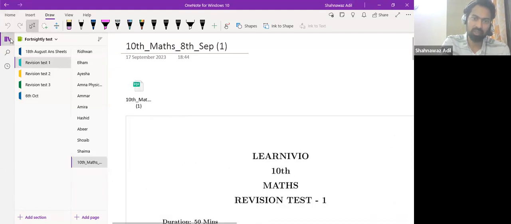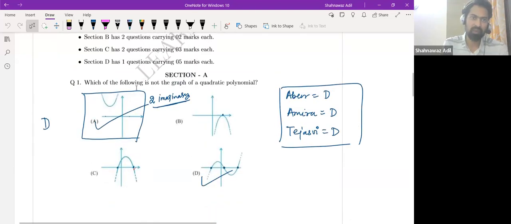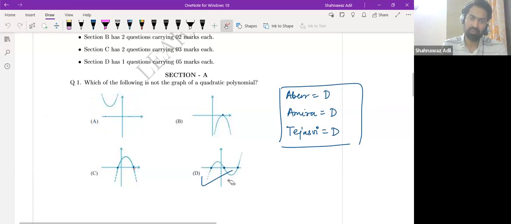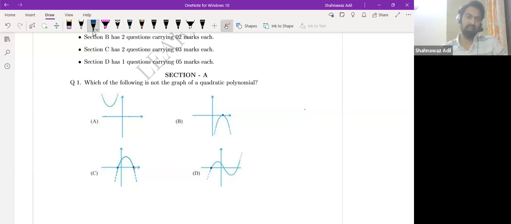This was the first question. I will talk about the graph and the other things in the next class. But which of the following is not the graph of a quadratic polynomial, right?